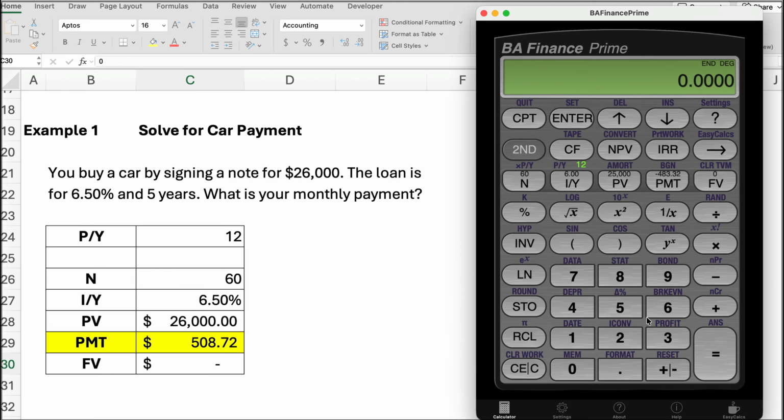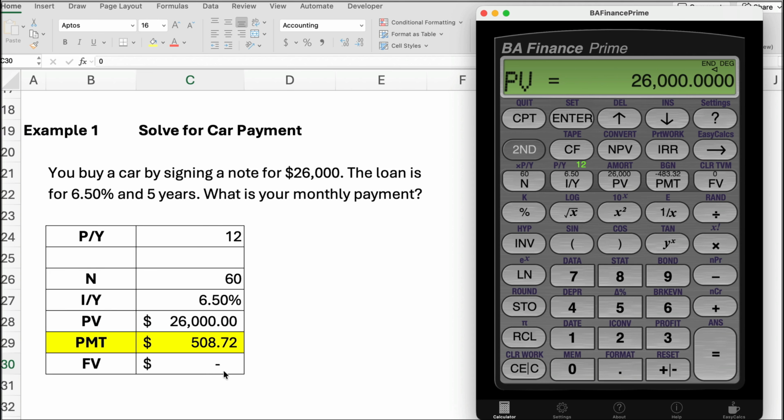Well, the number of periods is 60. We'll put 60 in as N, and then 6.5 is the interest rate. We can put in 26,000. We can put that in as positive because we have borrowed money, so that is the present value. And we need to put in 0.